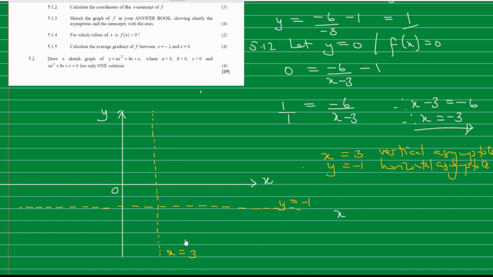Use your broken lines, dotted lines like that. Now, remember, they are asking us to sketch to show the asymptotes and the intercepts.